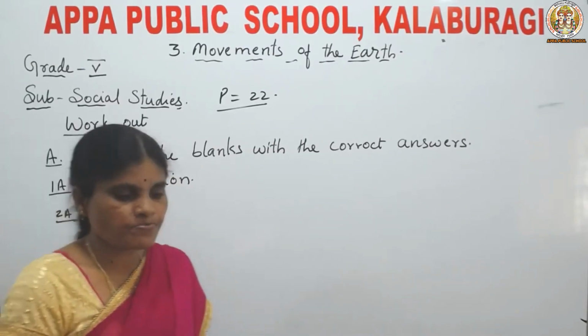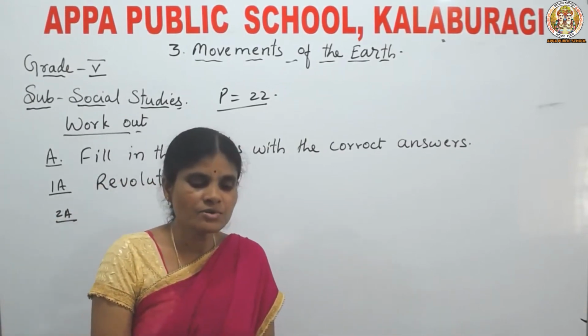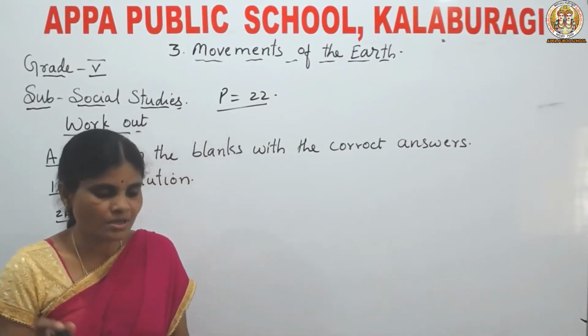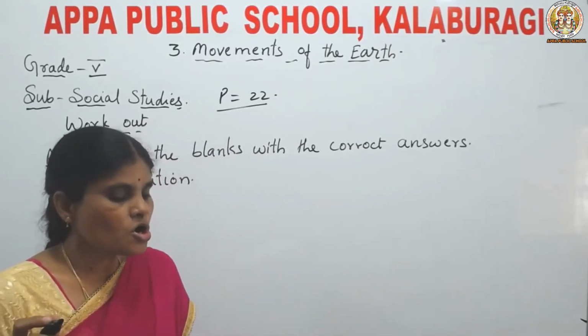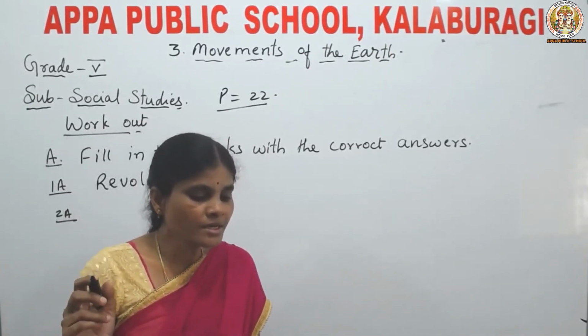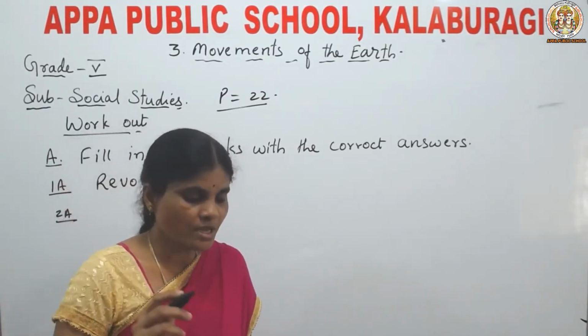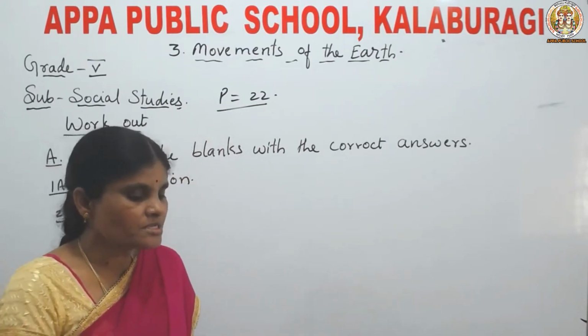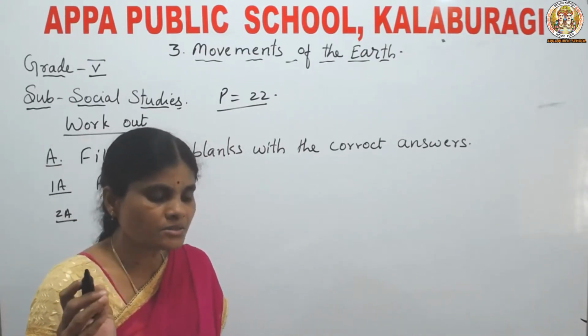Here, second one. Three options are given. First one, rotation. Second one, revolution. Third one, tilt. Due to the revolution of the earth, we have seasons. Second one, on 22nd December, the earth experiences dash. What are the options? Winter solstice, equinox and summer solstice.